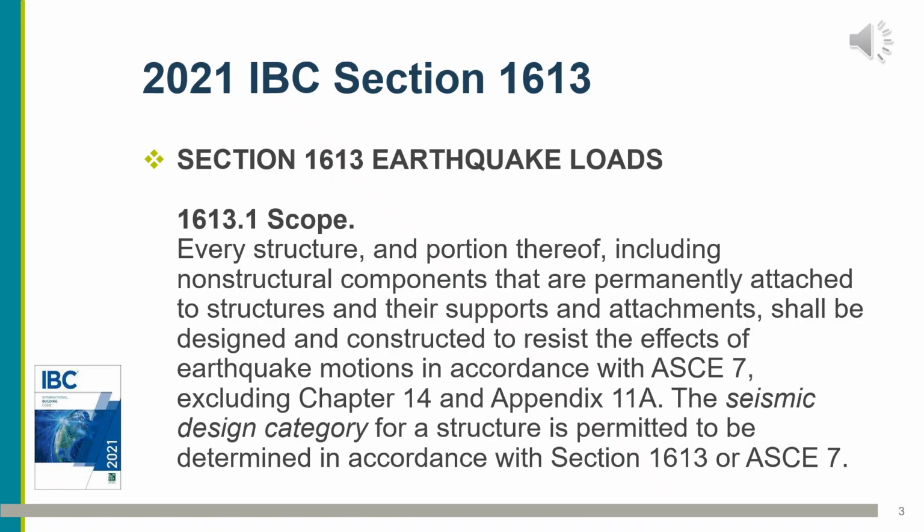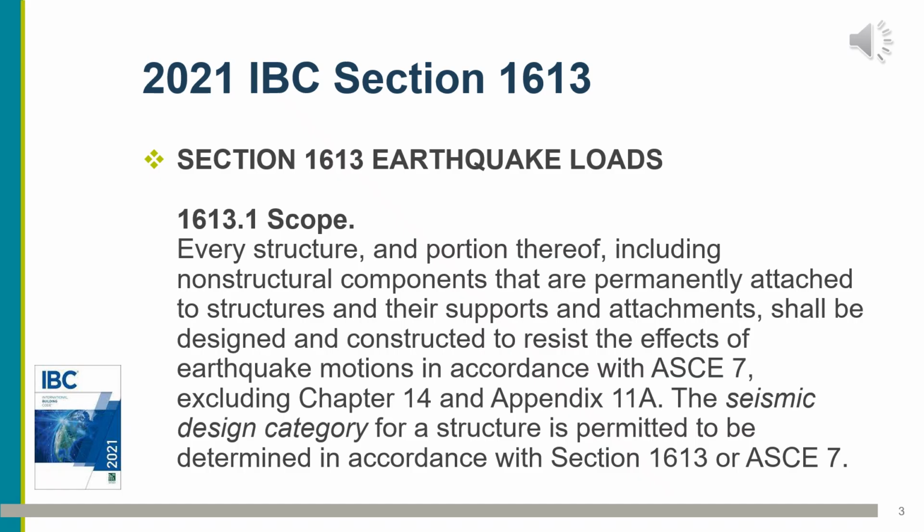We should also be referencing Chapter 16 of the IBC, and again, we're in the 2021 edition. For earthquake loads, every structure and portion thereof, including non-structural components. Now, non-structural components are your suspended ceilings that are permanently attached to structures, and their supports and attachments shall be designed and constructed to resist the effects of earthquake motions in accordance with ASCE 7, excluding Chapter 14 and Appendix 11A.